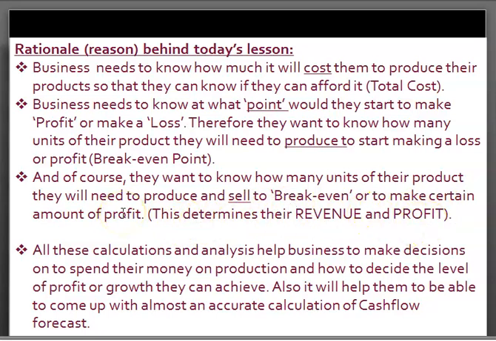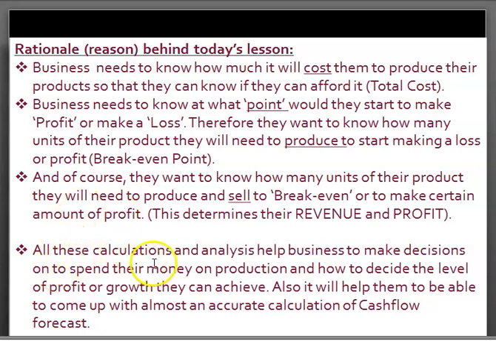So for instance, if they're aiming to make, let's say, £100,000 of profit, they need to know at what point they will be making that profit. How many units will they be able to sell and at what price would they be able to sell them to actualize the profit they're aiming at.